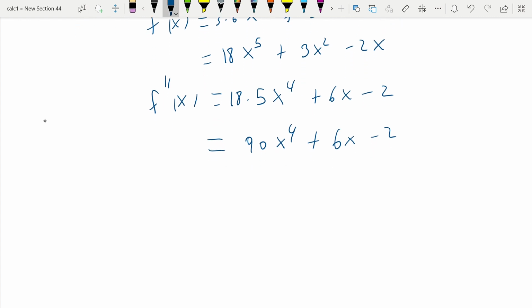And then if we want to find out the value for f triple prime at a point, we need to differentiate this thing again and see what we get for the formula for f triple prime of x. So we need to differentiate this expression. Again, we differentiate what's in here.